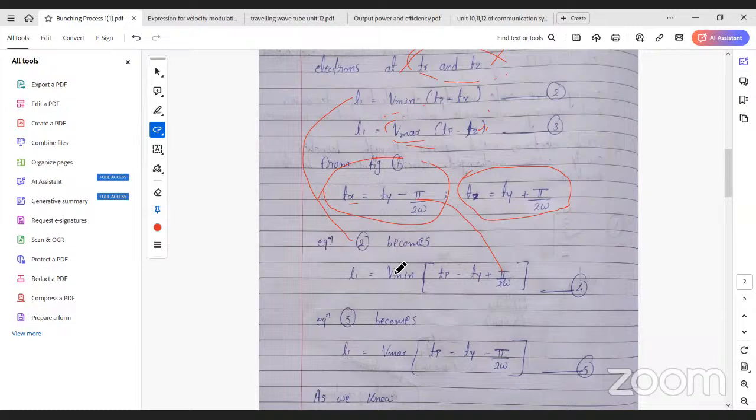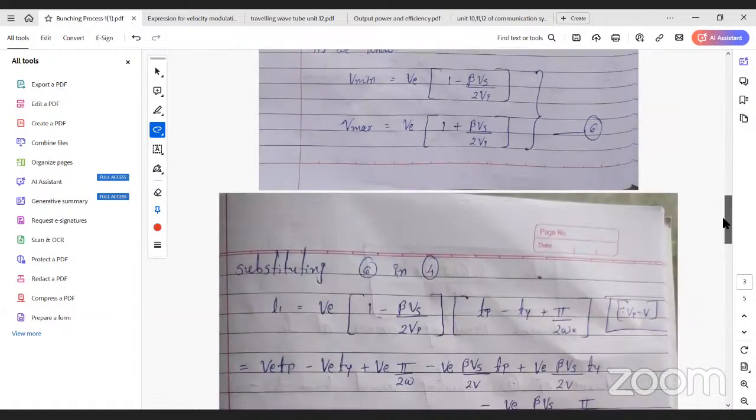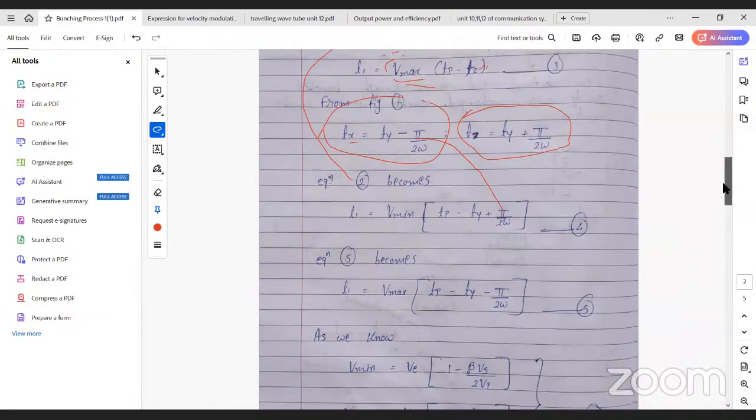In the textbook, one sentence is written similarly for the electron at Tx and Tz. It is there in the textbook, equation 10.12. Yes, ma'am, it is there.